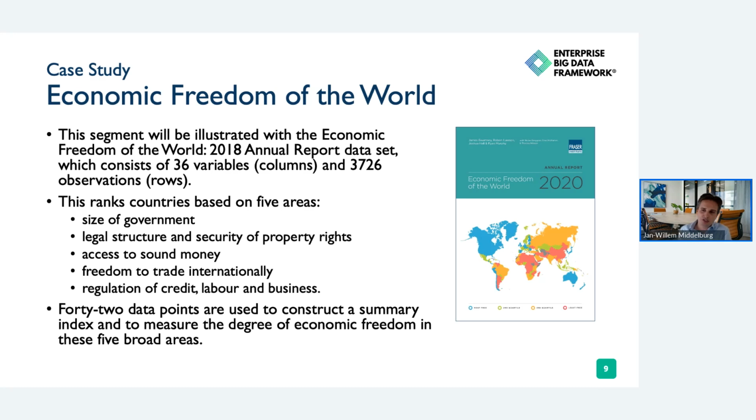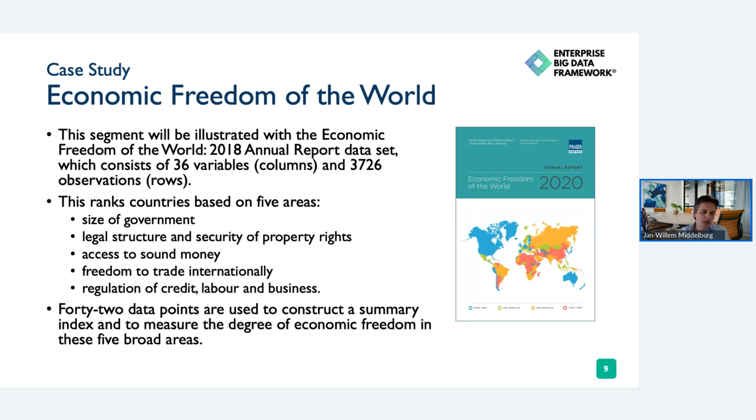It's research done by the Fraser Institute on a biannual basis, and it looks at how free specific countries are by looking at size of government, structure and security of rights, access to money, trade, regulations, credit, labor, and all kinds of other variables that are ultimately consolidated in a score that indicates the freedom people have in a particular part of the world.